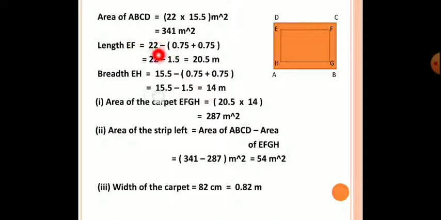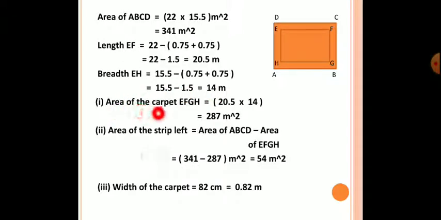So length EF equals 22 minus (0.75 plus 0.75), which is equal to 22 minus 1.5, which is equal to 20.5 meter. Breadth EH, similarly, from the total breadth we will be deducting 0.75 and 0.75. So 15.5 minus (0.75 plus 0.75) equals 15.5 minus 1.5, which is equal to 14 meter.